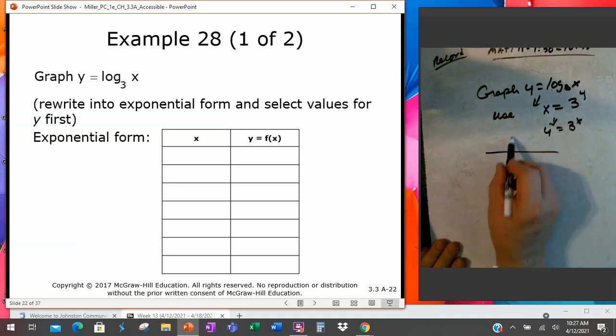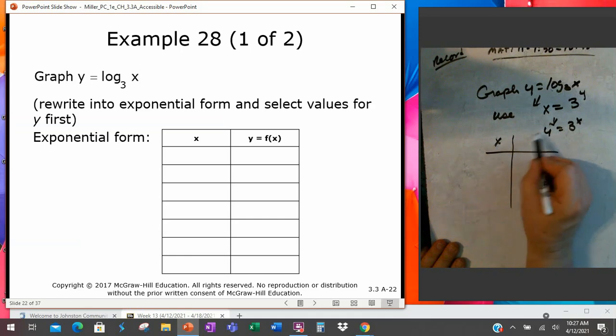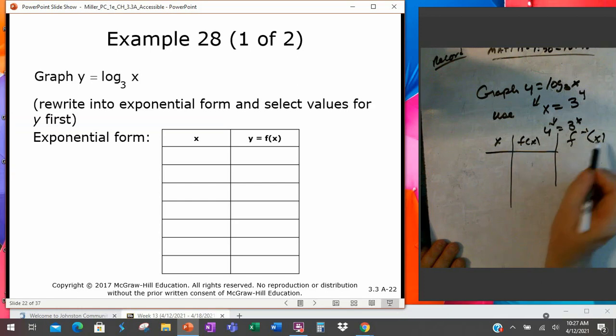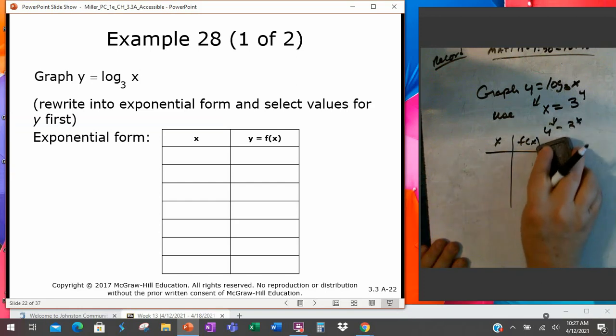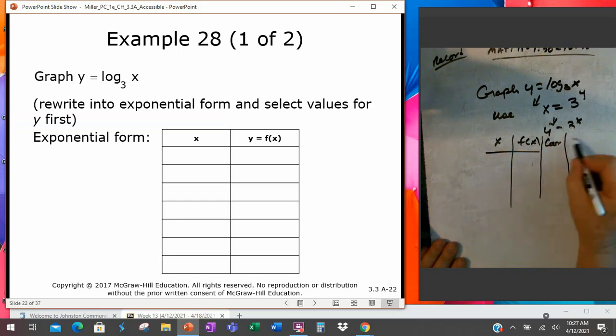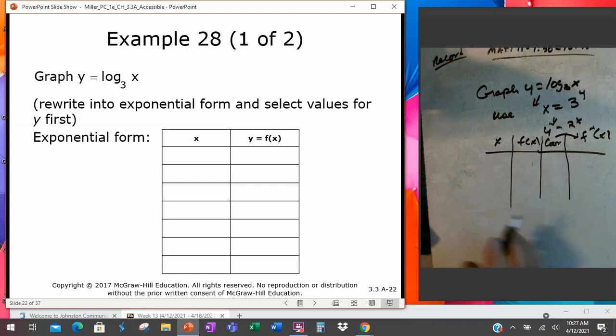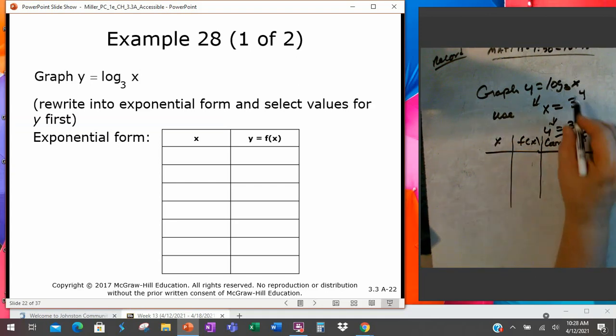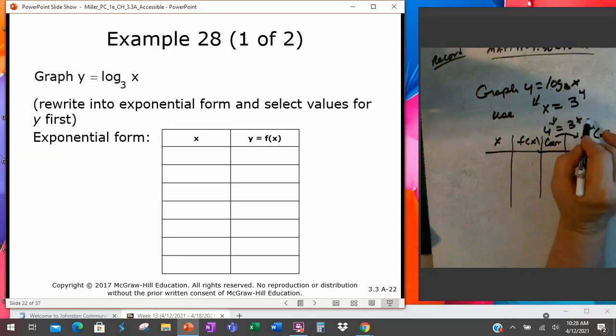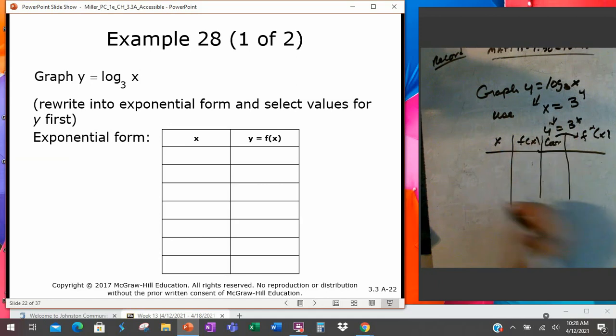Here's x, and I'm going to graph this first, write the coordinate pairs, and then switch them for the inverse. So you'll see what I'm going to do in just a minute. This is much easier to do, but these are inverses of each other. So I'm going to do the inverse, graph that, and then swap them to get the log.